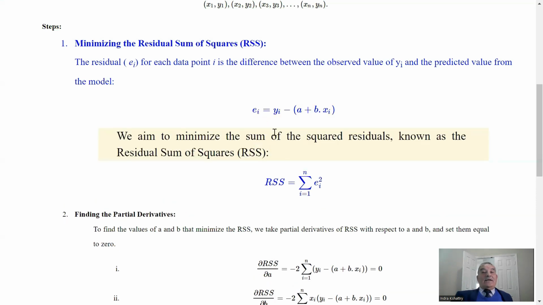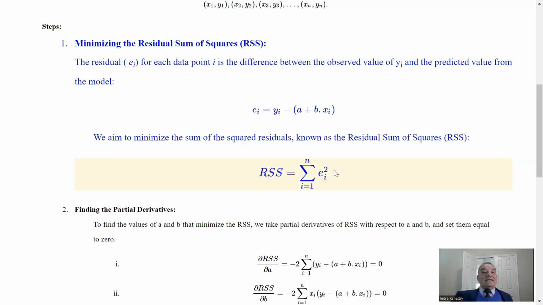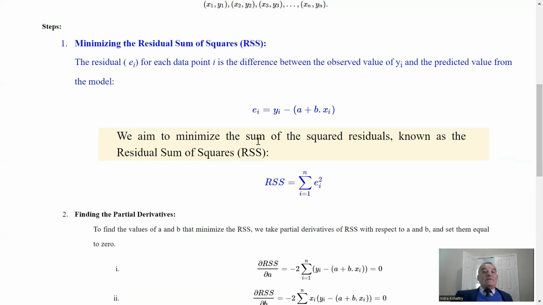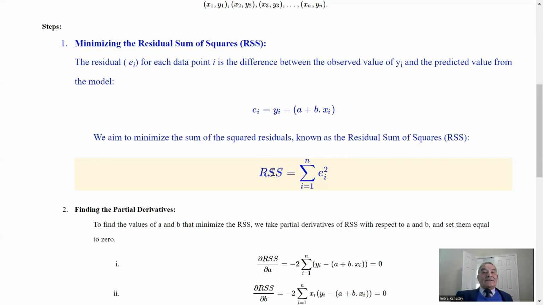And the square of this error is ei squared. We aim to minimize the sum of the squared residuals, known as the RSS. This RSS is the sum of the squared residuals. Our aim is to minimize this RSS.